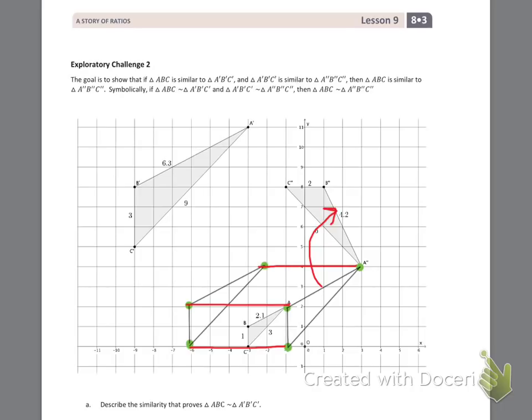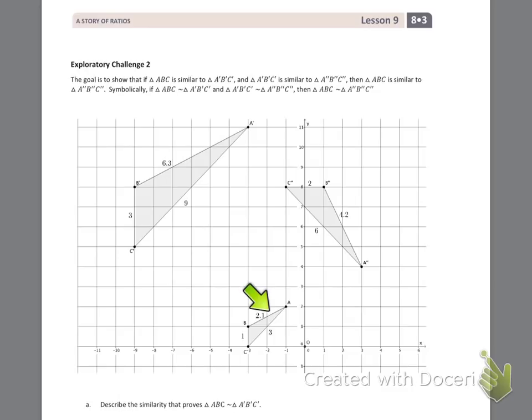So what part D asks is, is it true that if triangle ABC is similar to A prime, B prime, C prime, and let me get rid of my marks here so we can talk about this. There we go. If this is similar to this, and A prime, B prime, C prime is similar to A double prime, then the first one is similar to the third.